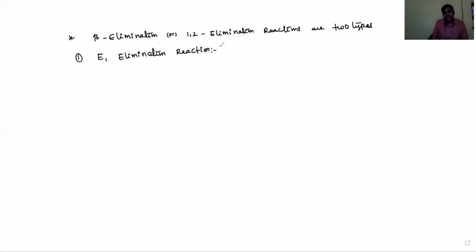Okay, in E1 elimination reactions, the alkyl halides reactivity order: tertiary alkyl halides are more reactive than secondary alkyl halides and then primary alkyl halides.